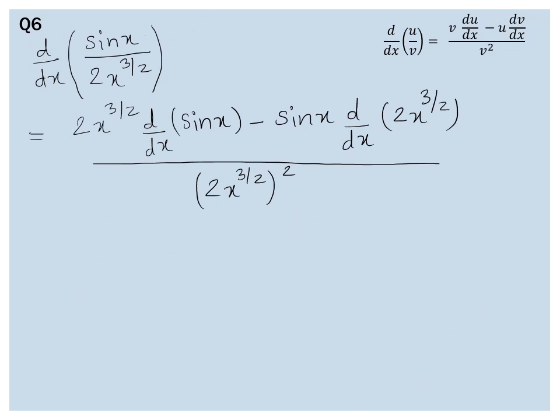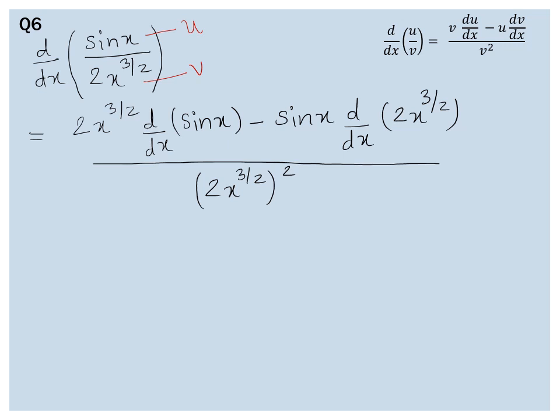One more example containing a trigonometric term in the numerator: it can be denoted by u, that is sin x is u. And now here we can have v as 2 into x to the power 3 by 2, or we can keep this 2 outside and simply x to the power 3 by 2 can be v. But I have considered the whole term as v for simplicity of calculations.